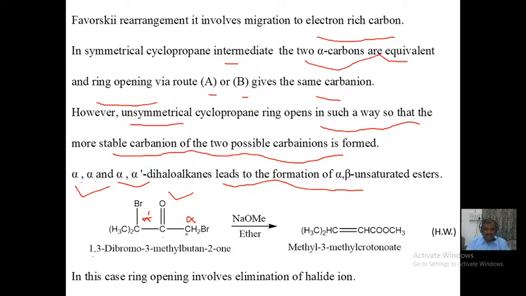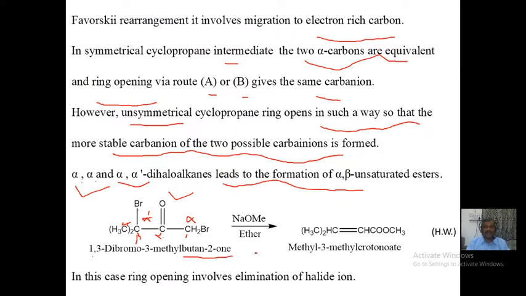So this is carbon 1, this is carbon 2, this is carbon 3, and in this one of the carbons is carbon 4, and one is connected with this carbon 3. So 1,3-dibromo, 3-methyl, because this carbon contains one of the methyl groups here, and total 4 carbon atoms are there. So 3-methylbutan-2-one.